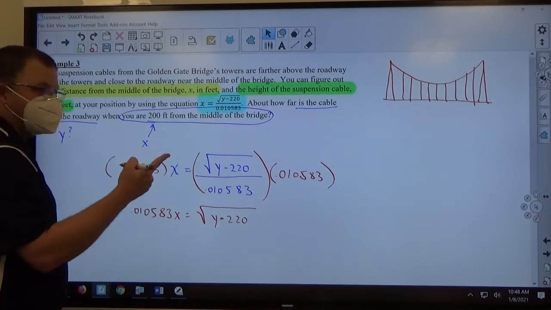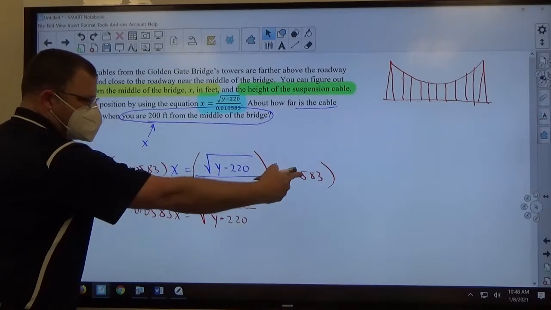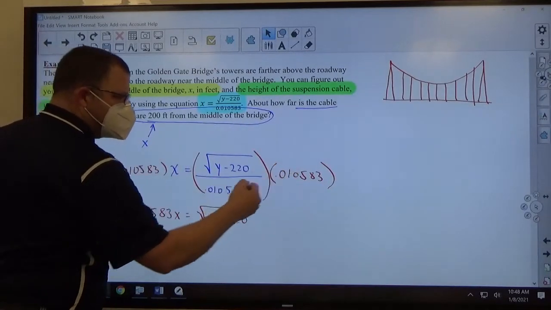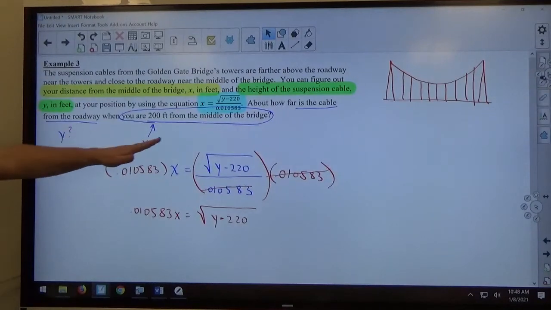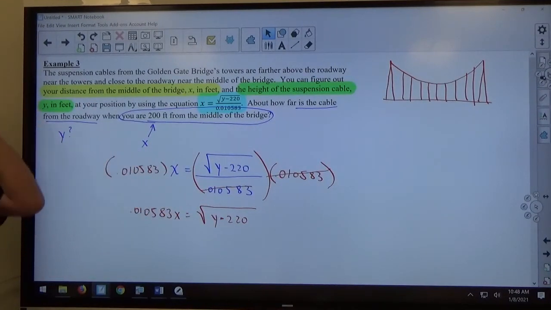Again, with equations, do whatever you feel like doing to it, but do it to both sides. So times this, same thing happens to both sides. On this side, the division cancels out the multiplication, so we're left with just the radical. On this side, nothing's canceling out, so we're going to have to just stick those together.